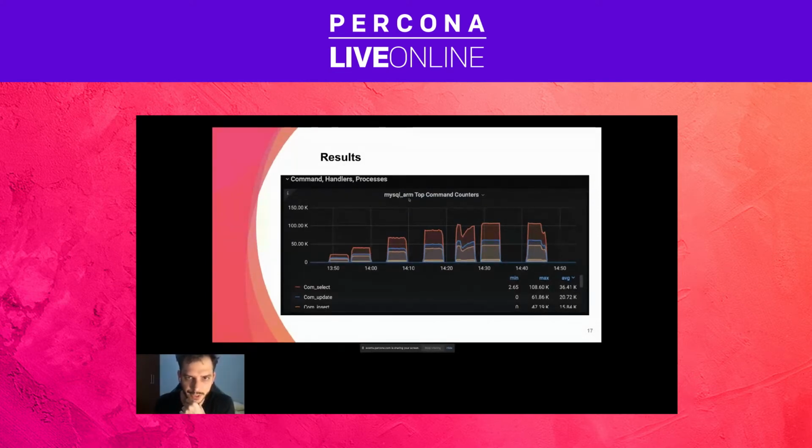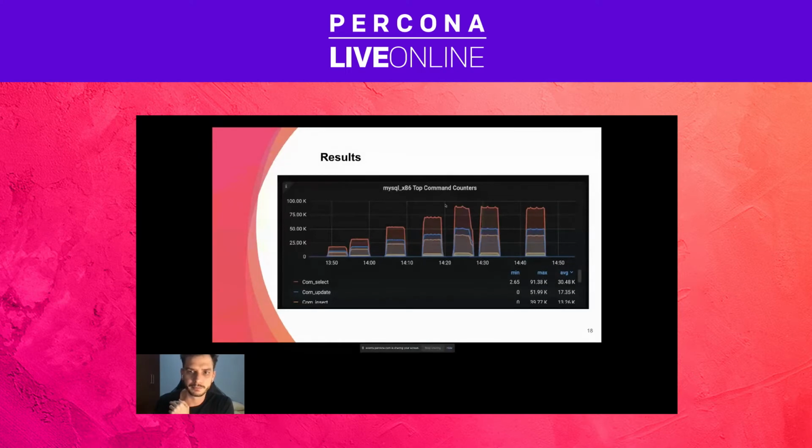As we can see here, MySQL ARM top command queries. Under certain periods, we are crossing the 100K command counters. If we go to x86, we never get close. So this is a significant point.